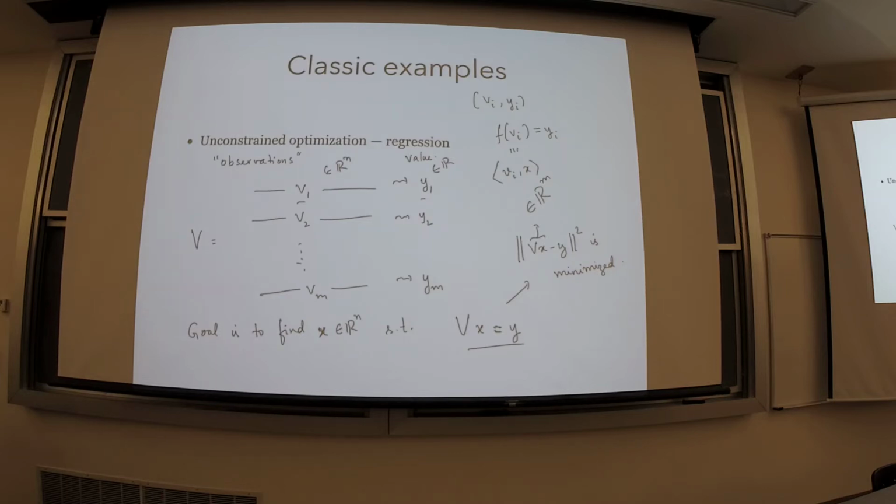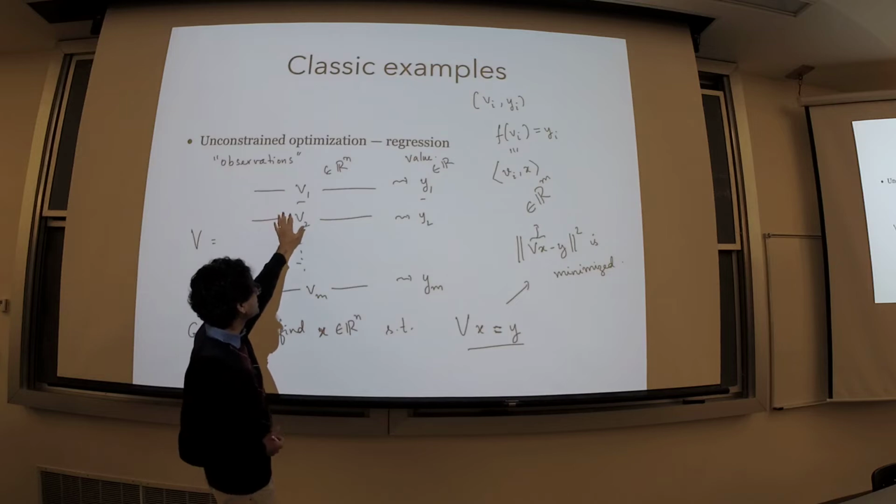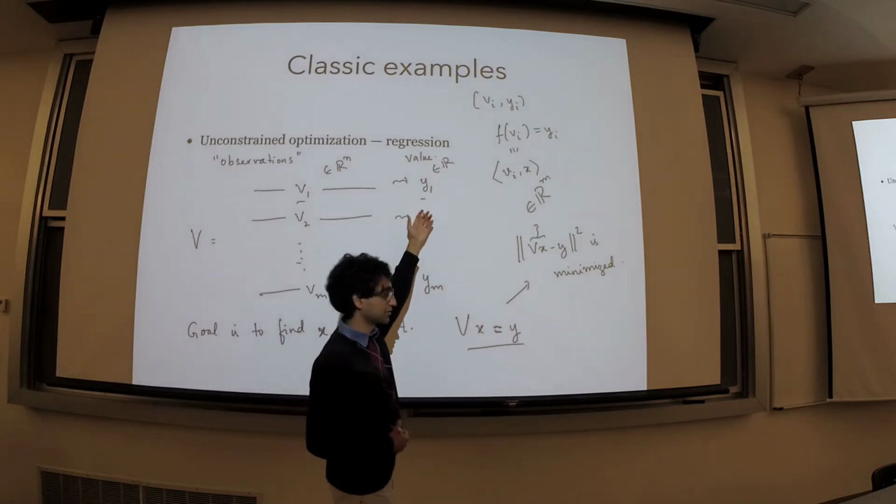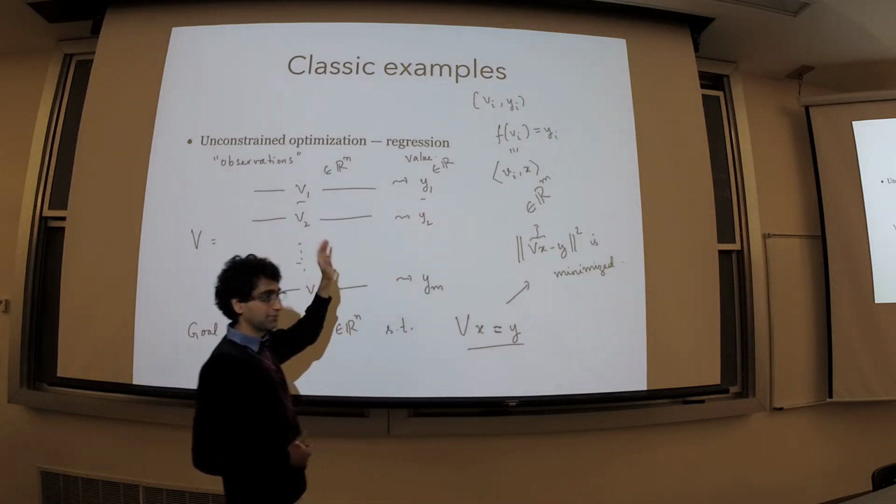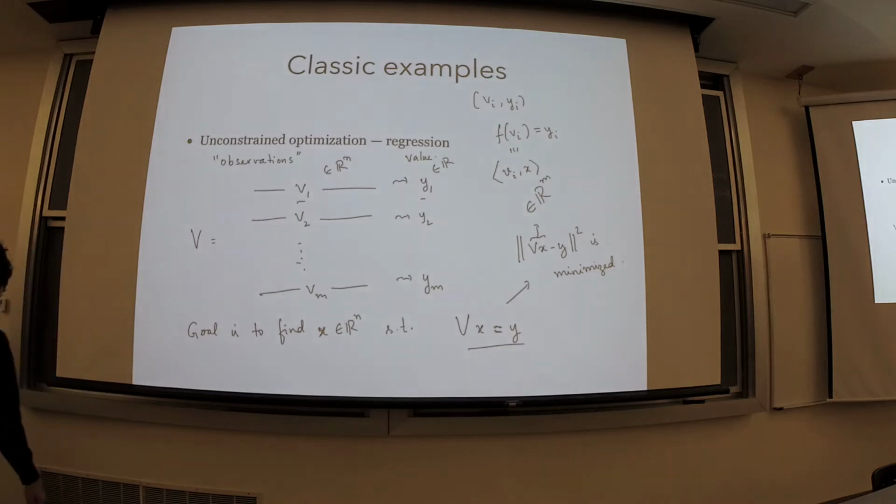As you can imagine, this is very common in various learning applications, like maybe you have some classification task, and you have some observations and you have some value associated with that observation, and you want some linear function that best fits these values. This is something that many of you have seen.